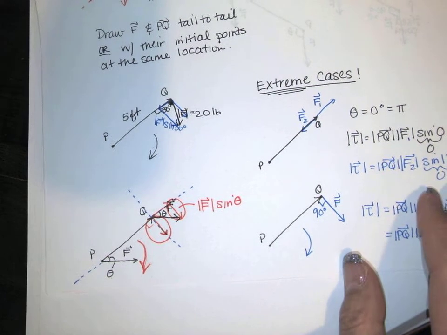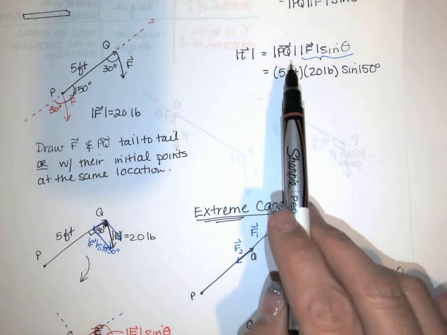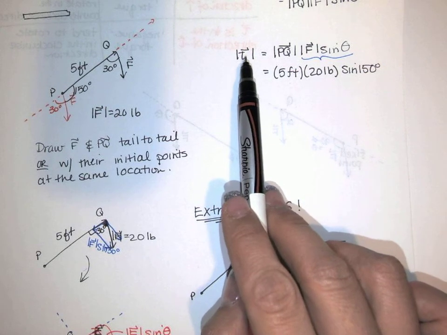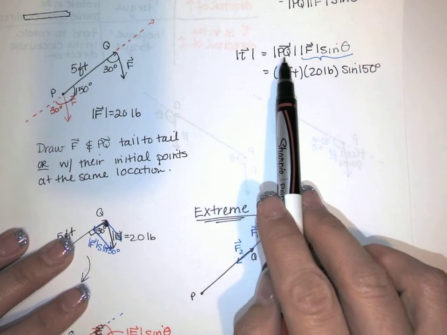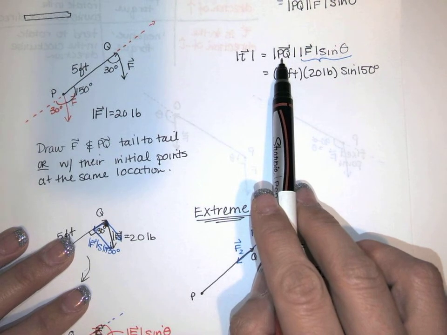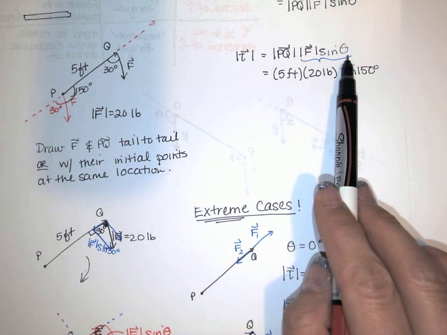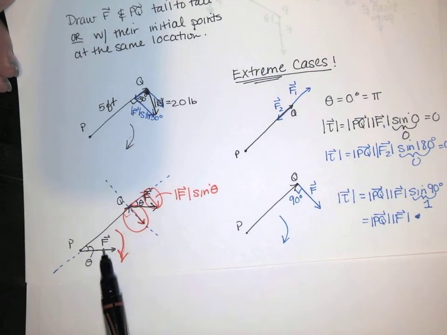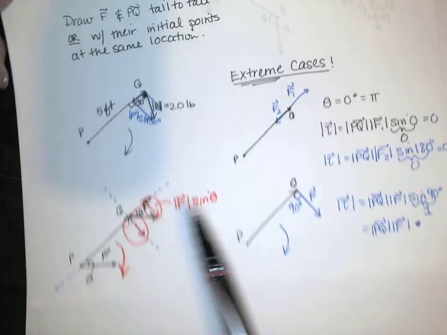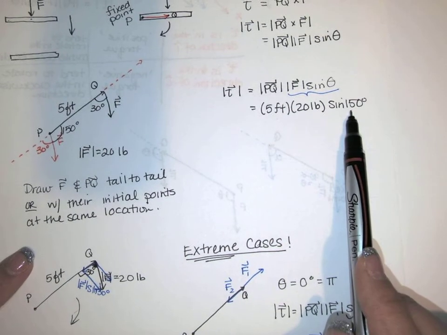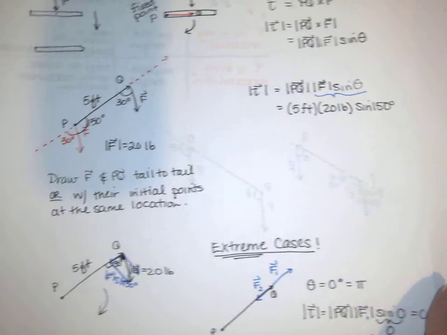Whenever I look at my formula for torque, the magnitude of the torque, which is a measure of the tendency to rotate about the point P, is proportional to the length of the moment arm, and then we multiply that by the component of the force that's actually doing the work, so the part of the force that's acting perpendicular to PQ. That's that right there. And then we simplify that, and that gives us a measure of torque.